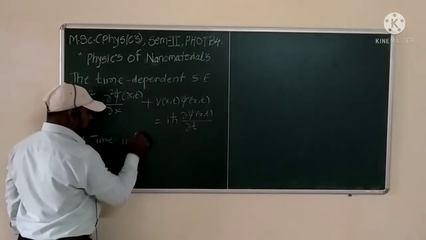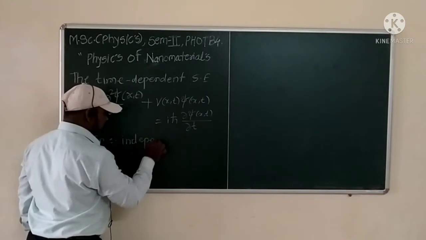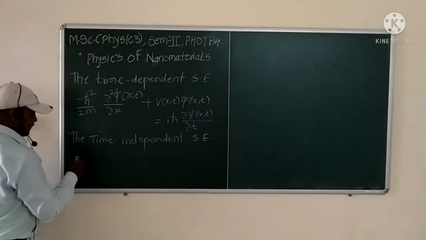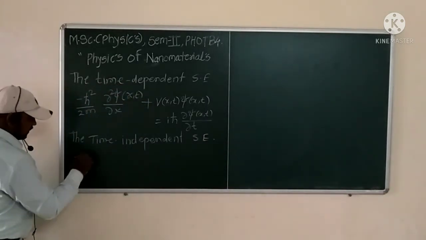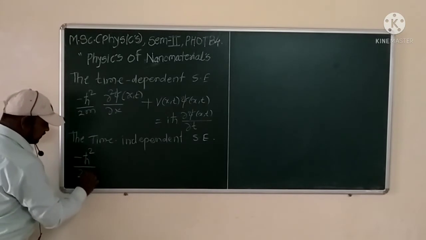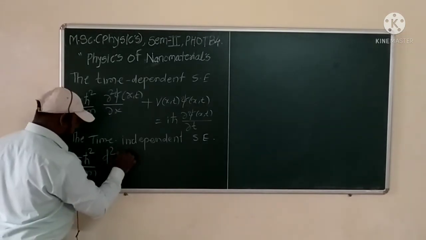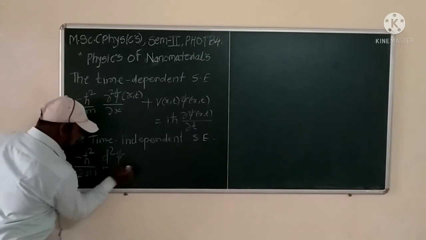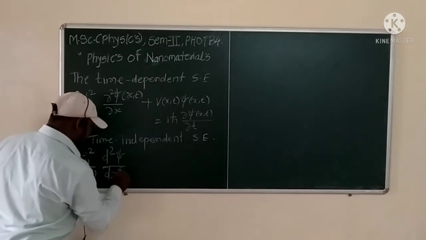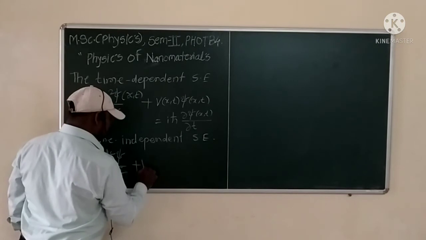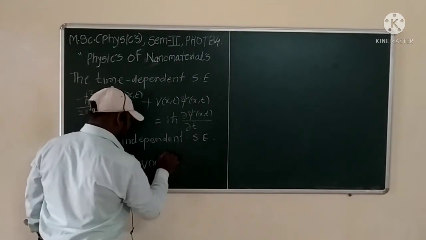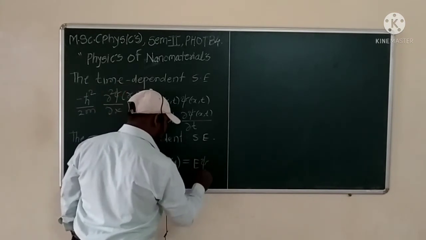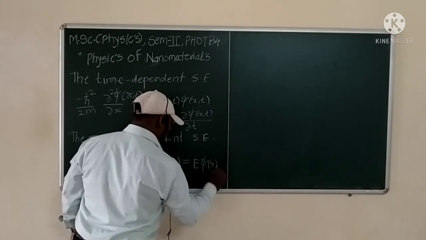And the time independent Schrödinger equation is minus ħ² by 2m d²ψ/dx² plus V(x) ψ(x) is equal to E ψ(x).